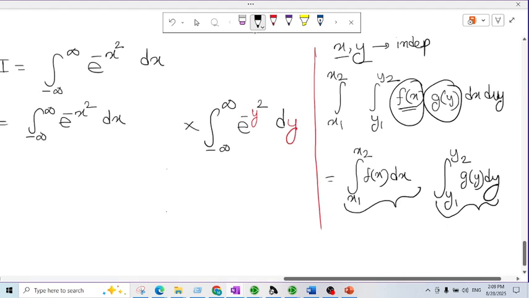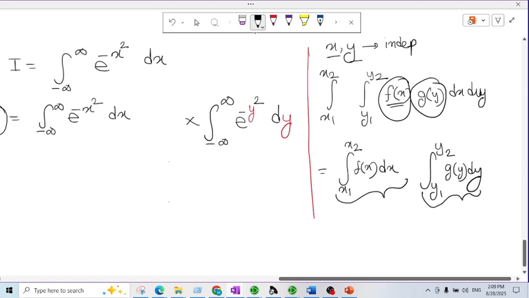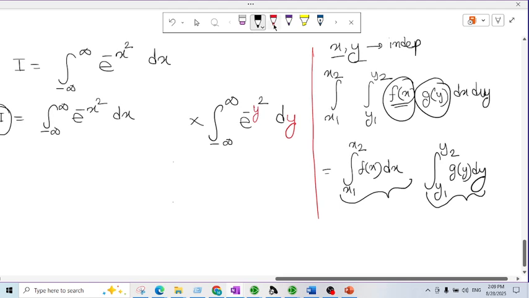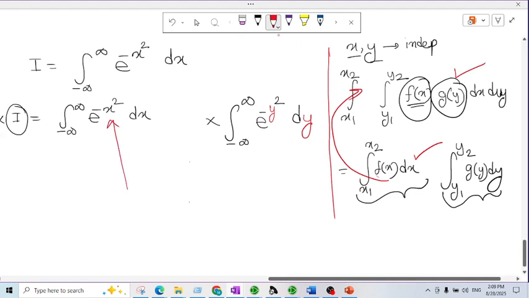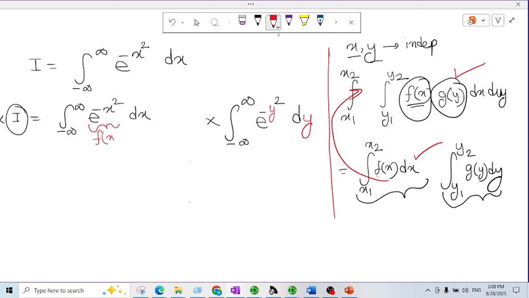Okay, so in this step we are going to do the reverse process. That means from this line we are going to make this line. If you observe here, this is a function of x and this is a function of only y. So let's merge this f of x and g of y.